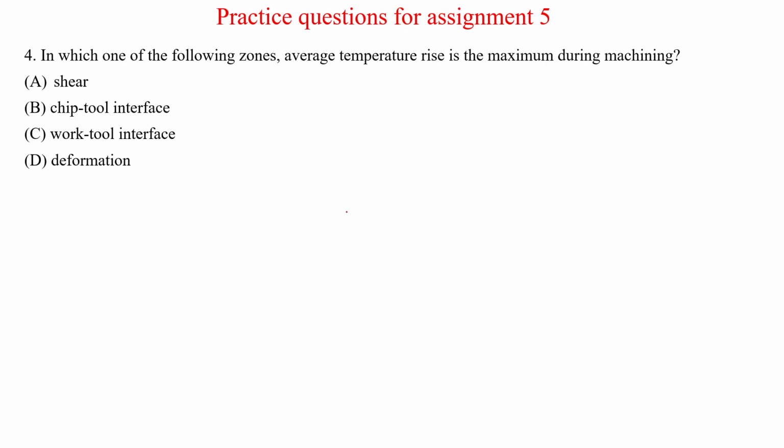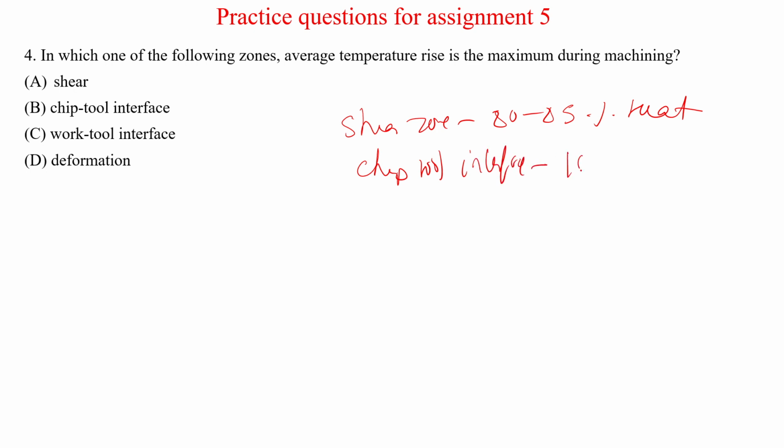Basically we know that the shear zone has around 80 to 85% of the heat, and the chip tool interface has around 10 to 15% of the heat, and the tool workpiece has around 5% of the heat, right?